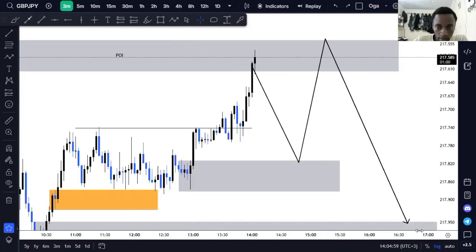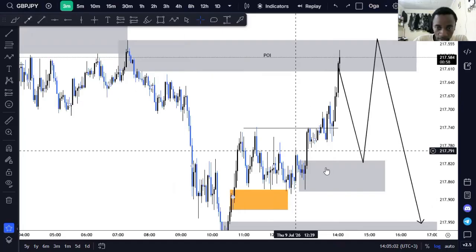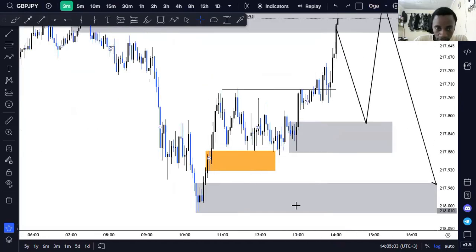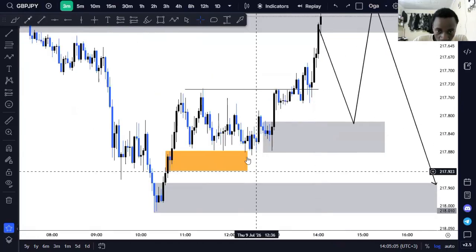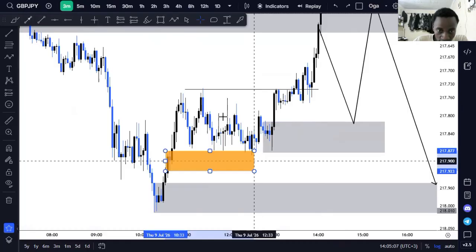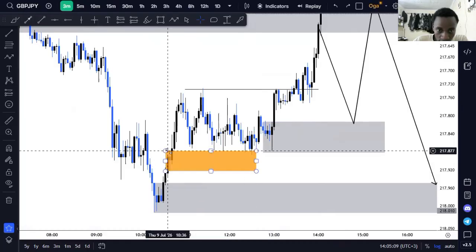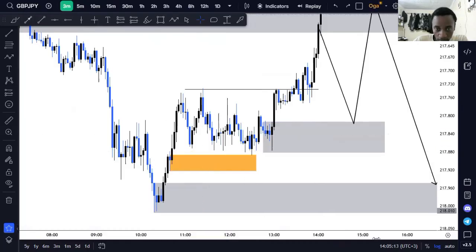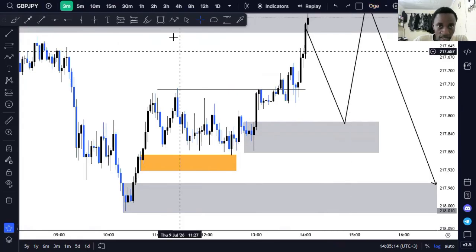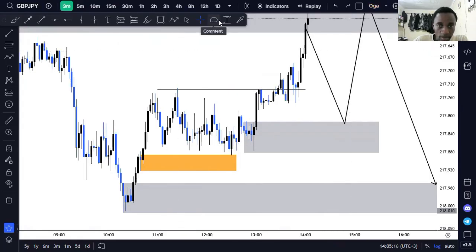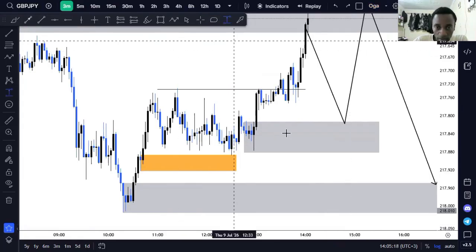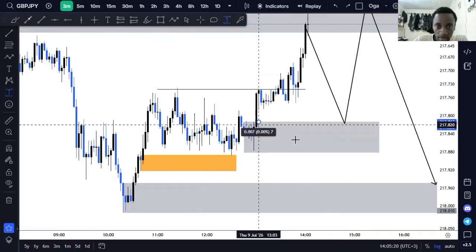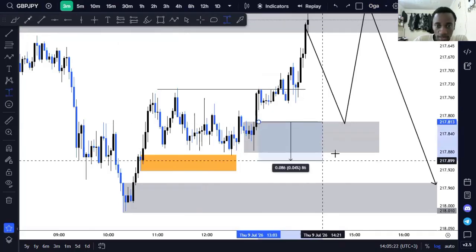So yeah, you can see here it was a structure like this, a structure and then a reaction inside it. So I'm expecting if you're going to have a pullback, then a setup or an entry should come from this point.